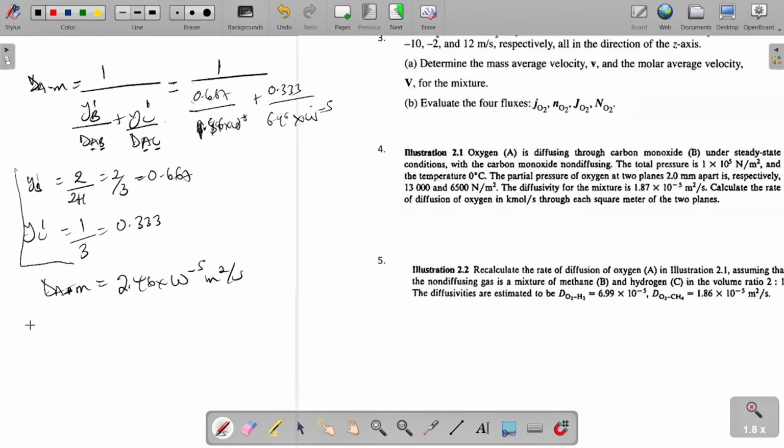Right. So if I get this one, I can actually recalculate my NA.